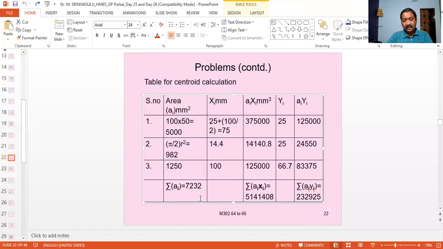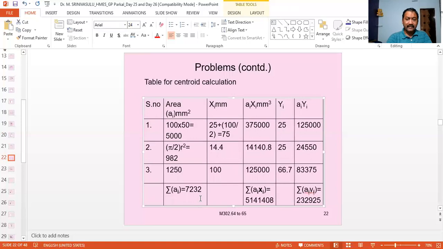And the algebraic sum of the term ai into yi, that is a1 into y1 plus a2 into y2 plus a3 into y3, is equal to 232925.